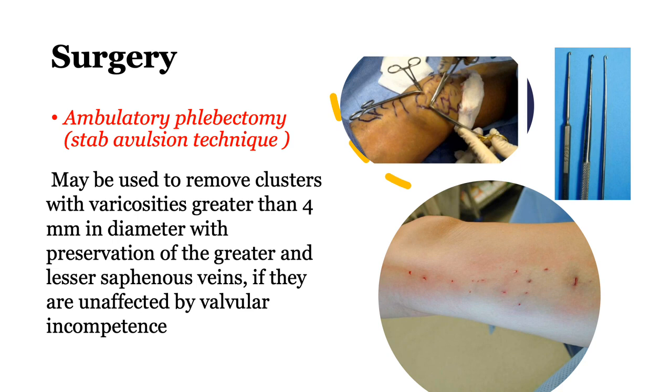So, if the great and lesser saphenous veins are normal with normal valves, and the saphenofemoral or saphenopopliteal junction are normal, not incompetent, we will use only stab avulsion technique.